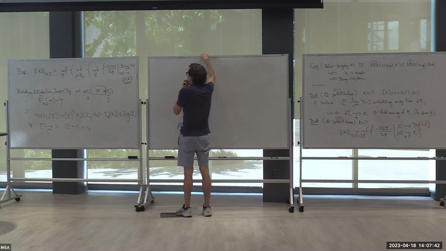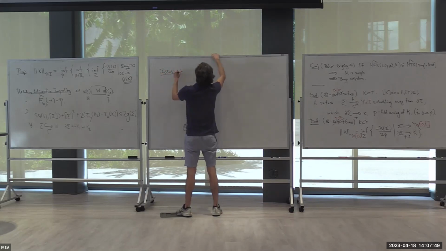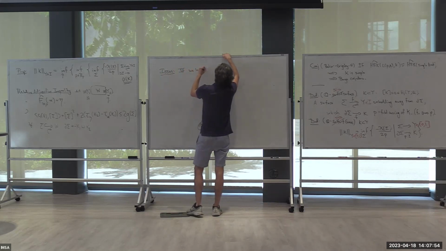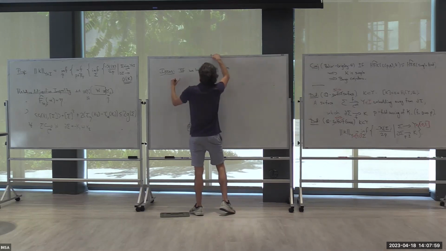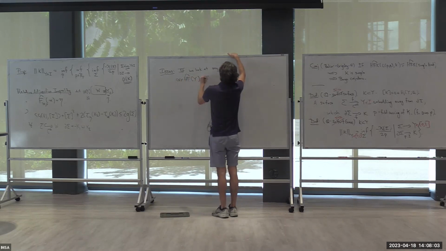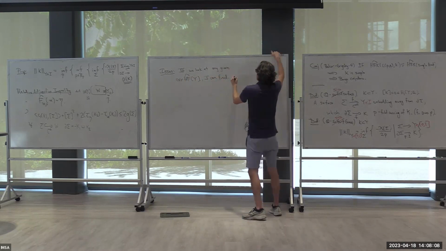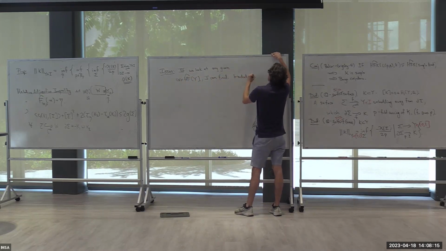So the issue, if I look at any one, I can find braided pattern knots.